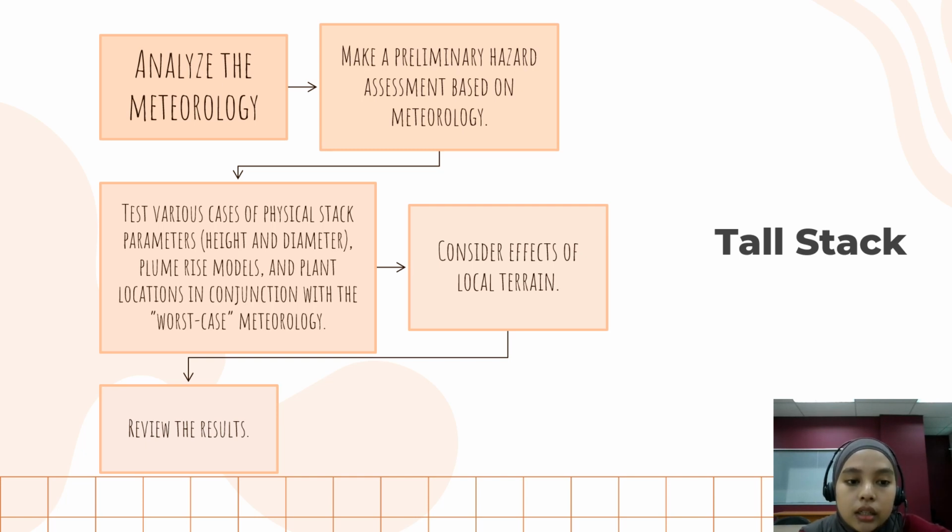After that, we test various cases of physical stack parameters, which are the height and the diameter, and then plume rise models and plant location in conjunction with the worst case meteorology. After all the tests, we need to consider the effect of the local terrain. After that, we can review the result for the tall stack.